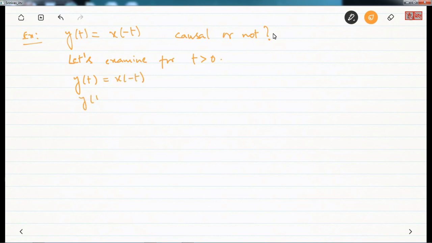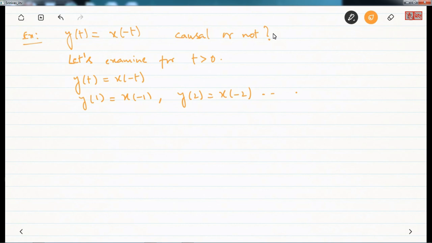So that means y of 1 is equal to x of minus 1, y of 2 is equal to x of minus 2, and so on. So the output at time t equal to 1 second depends on the input at time t equal to minus 1 seconds. That means the output is depending on the past values of the input, right?